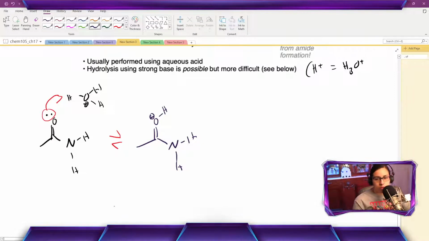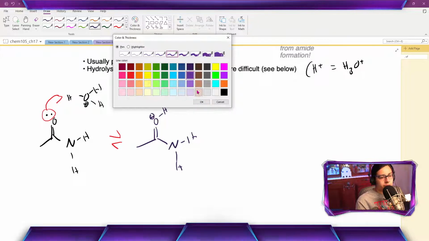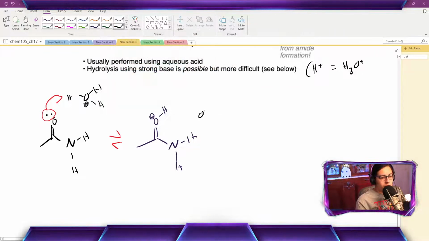Now we need to add water. So this is a good place to attack. We've seen this before. So we have this carbon wants electrons. So water goes in for the attack here. So we'll attack here, moving those electrons up.